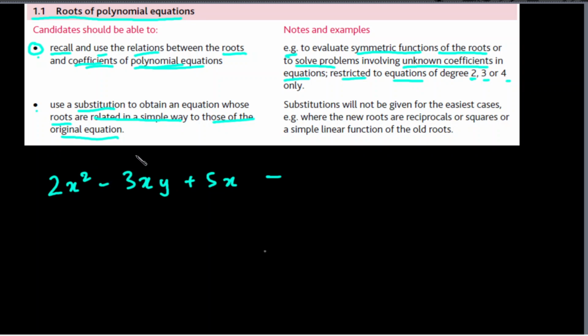defines algebraic expressions made up of one or more variables and a sum of terms involving non-negative integer powers of variables. So for example, this is a polynomial. This checks out.